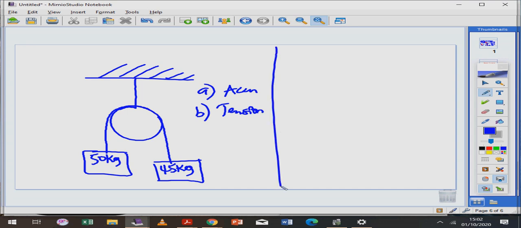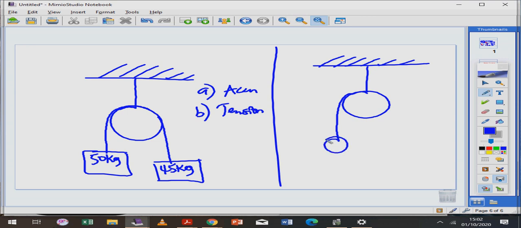And if you have time, if this is not too much work already, we can make this system interesting where we have a pulley that goes over another pulley. So let's say you have 1 kilogram mass here, 1 kilogram, and this is 2 kilograms.